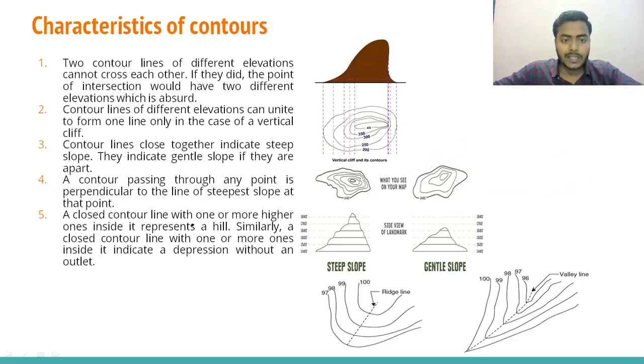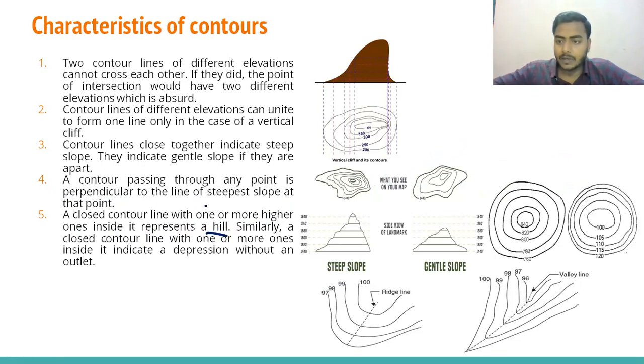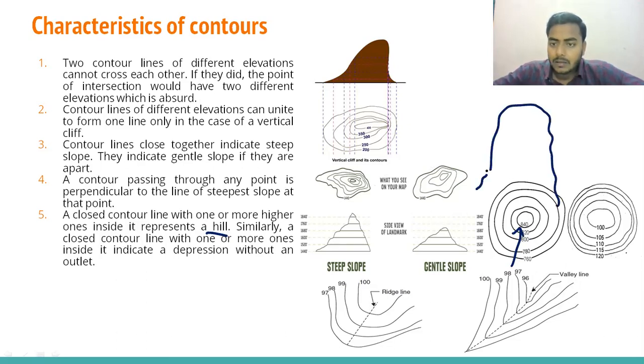Closed contour lines with the higher one inside represent a hill. You can see in the figure, this one. In this case contour lines with higher elevation are inside. So in actual ground, it will look roughly like this. That will be a hill.